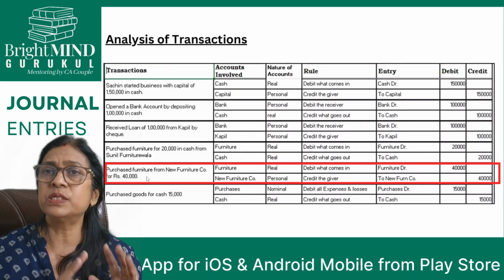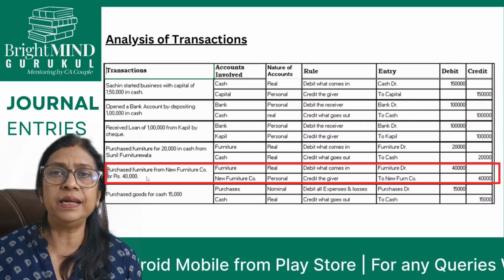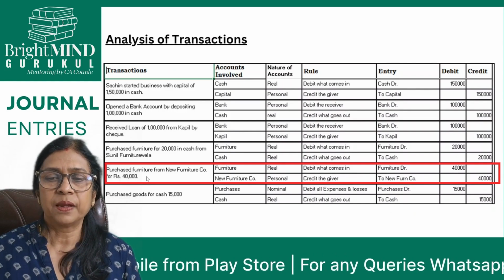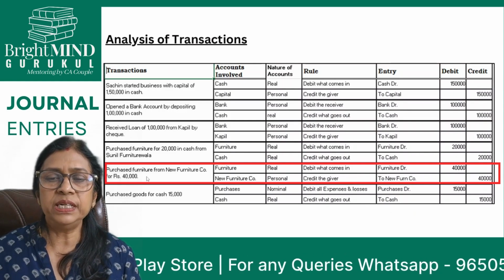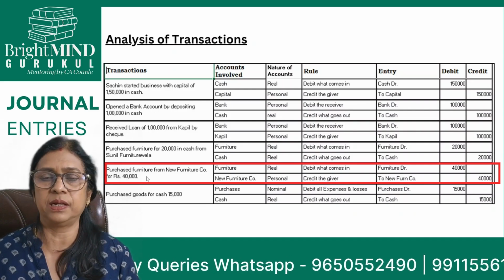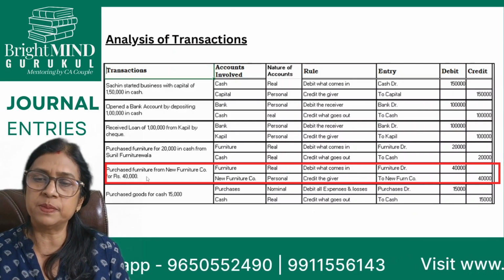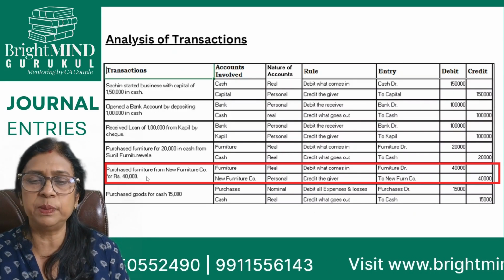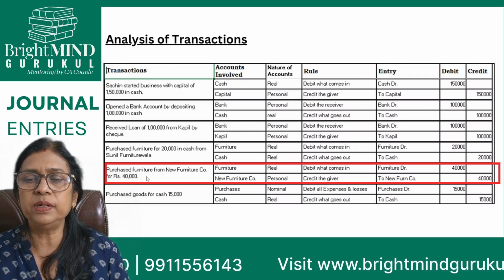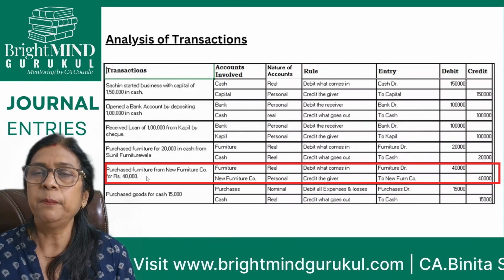When cash or bank is not mentioned, we are going to consider this to be a credit transaction. Furniture will be a real account and New Furniture Company is a personal account. So for the furniture, debit what comes in, so furniture will be debit, and for the personal account, credit the giver. So New Furniture Company will be credited.